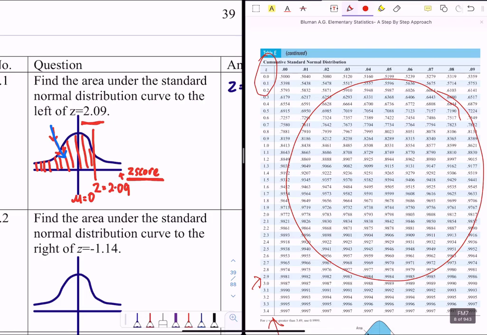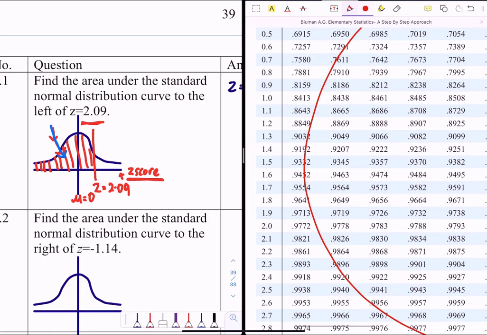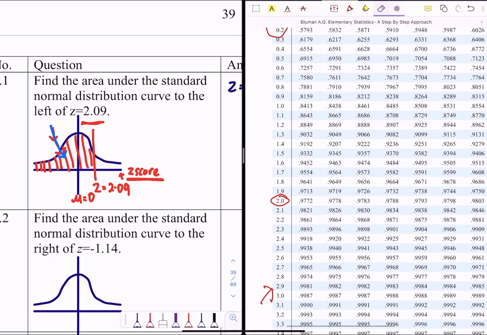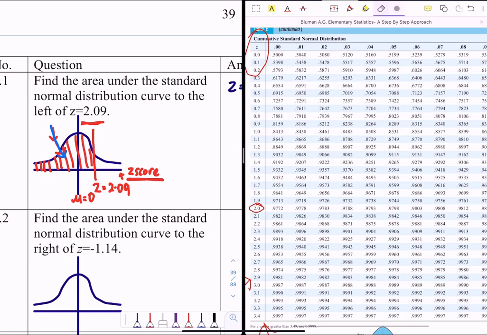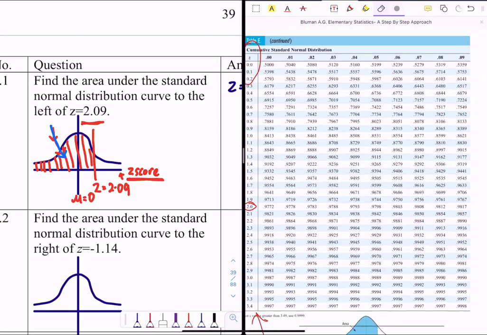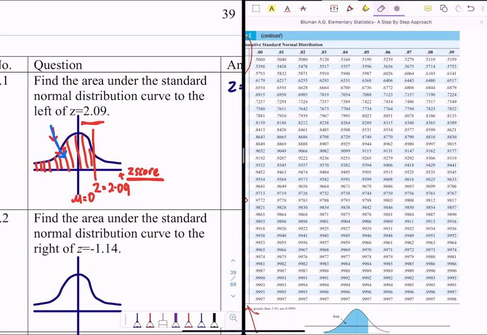Jadi kita dapat z-score is 2.09. Jadi 2 mana 2? Sini 2. Okey, saya padam lah yang tak berkaitan. 2, 09. Mana 09? Ya, 09.